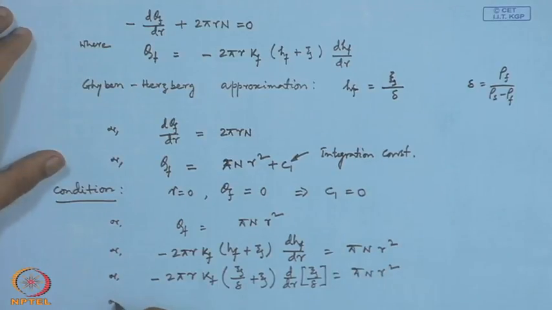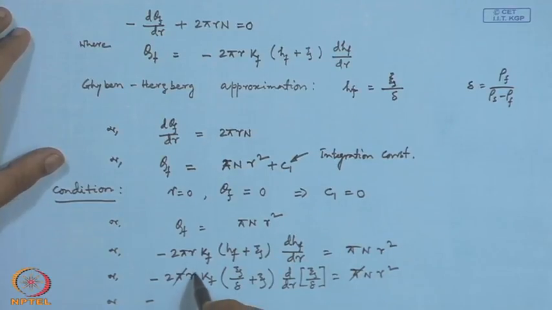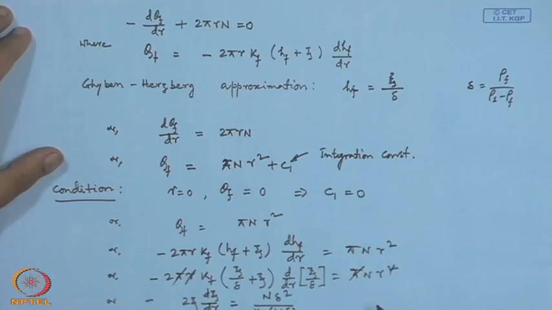r square. Or we can write it as, pi cancels from both the sides, we have r and we can write it as d xi square by dr, equals to n delta square by Kf into 1 plus delta into r.